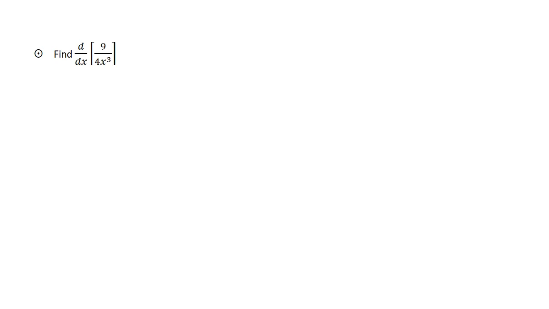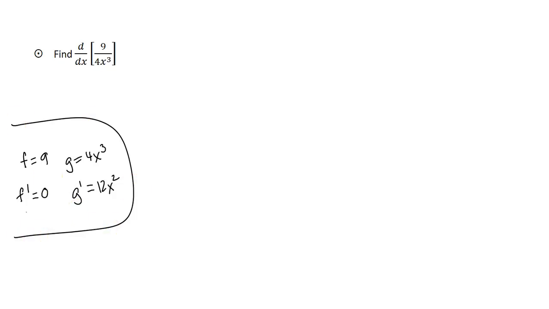This is a similar problem where you may be tempted to use the quotient rule, and you can. You would just have to let f be equal to 9 and g be 4x cubed. So f prime would be 0 and g prime would be 12x squared, and then you would follow the rule from there. That's one way to do it.